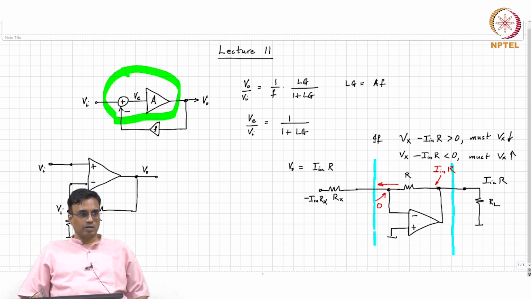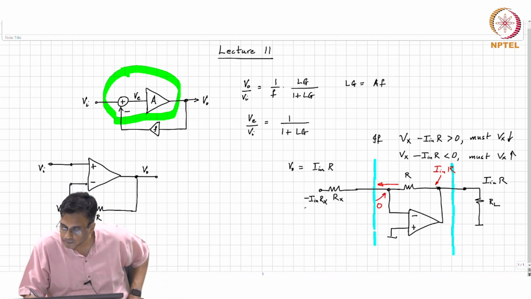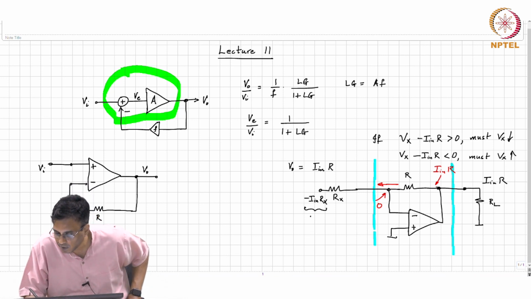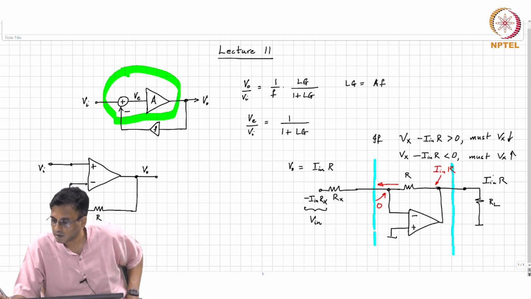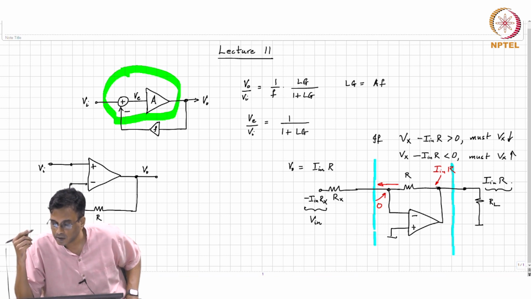All right. Okay. So now, if you look at this picture, it does not make any sense to call this In because there is no current at all. So you might as well call this V in. What can I call this? Yeah, but what is V out in terms of V in?